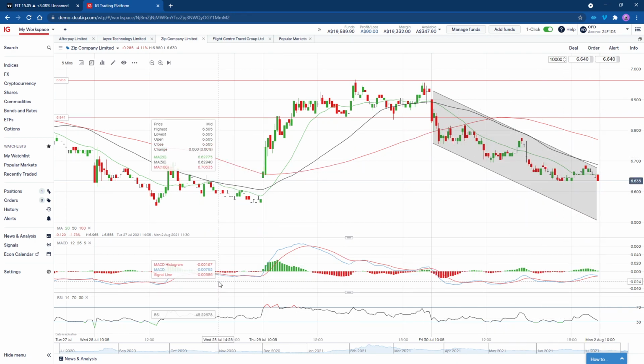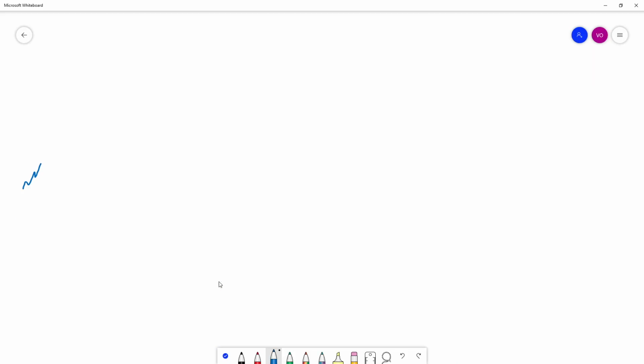So pullback is going like that, but then comes down a bit. Pullbacks are a very important pattern to understand, because if you are trading, that's when you know which way it's likely to go.